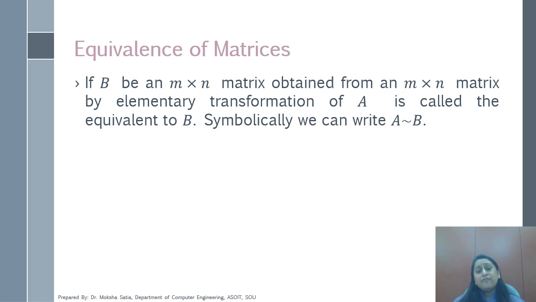Now we have applied many row operations, and we have ended up with the matrix B. Obviously matrix A will not be equal to matrix B. But we can say both matrices are equivalent, and the term equivalent itself says we are not changing its property. So symbolically we can write A is equivalent to B like this.